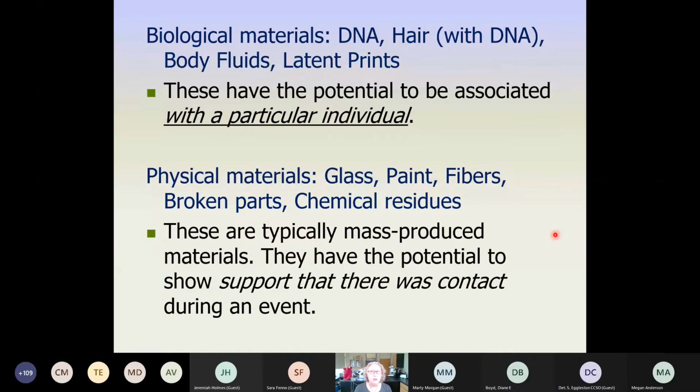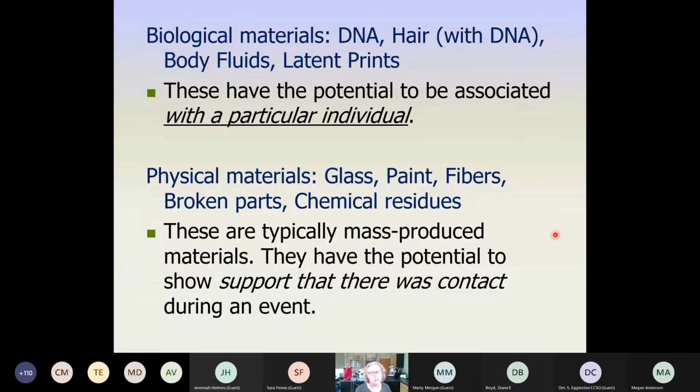If you've ever spoken with a latent print examiner or a DNA examiner, they will freely admit that they can't give you any information about when a latent print was deposited or how long DNA has been on a door handle, for example. It's the limitation of the biological evidence.